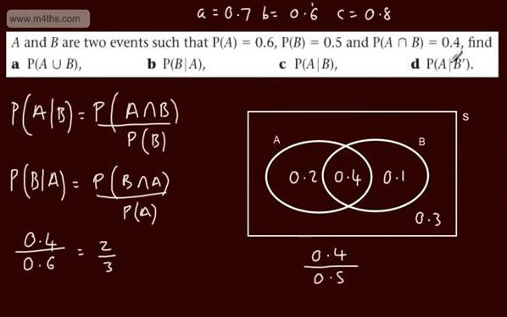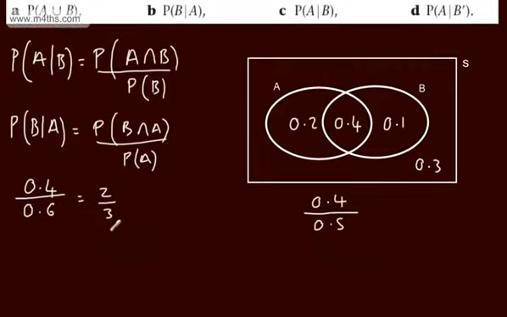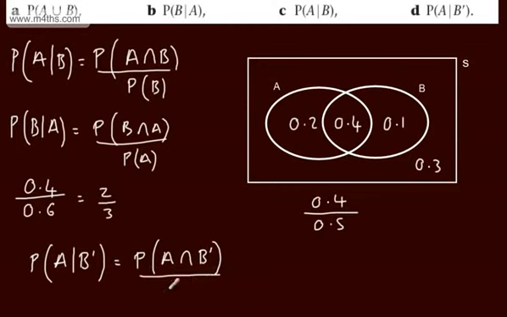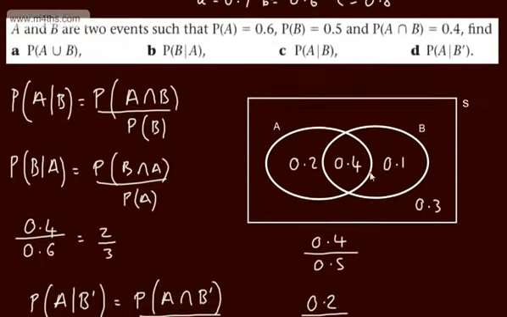The probability of A given not B. So if we write this out, the probability of A given not B is equal to the probability of A intersection not B divided by the probability of not B. So A intersection not B is just this 0.2 here, and we've learned that in our previous work, divided by the probability of not B. We can see that the probability of not B here is going to be 0.5.